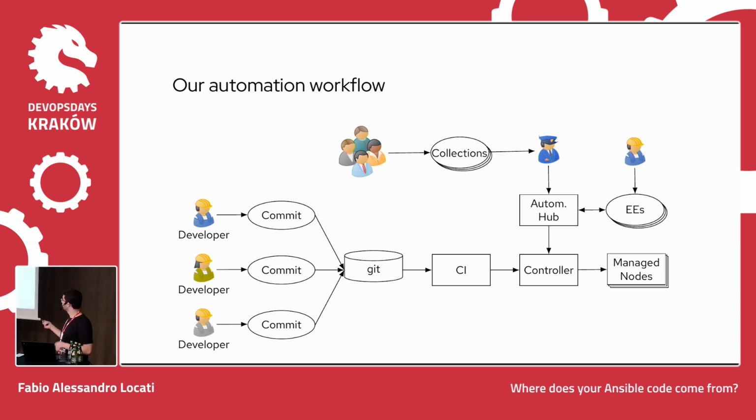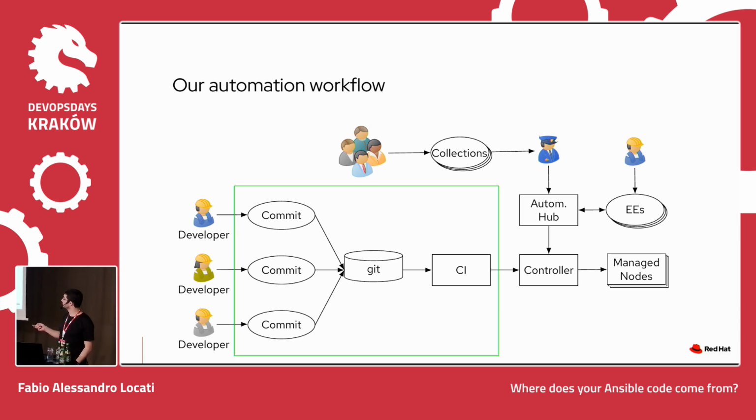Now, if we go back to the image, what we can do is to have the commits signed by our developer, and then the validation in the CI. The reason for this is that in this way, we ensure that this part is secure, so no one has modified our code in between, but also that the code lands in the CI and not directly on the controller.